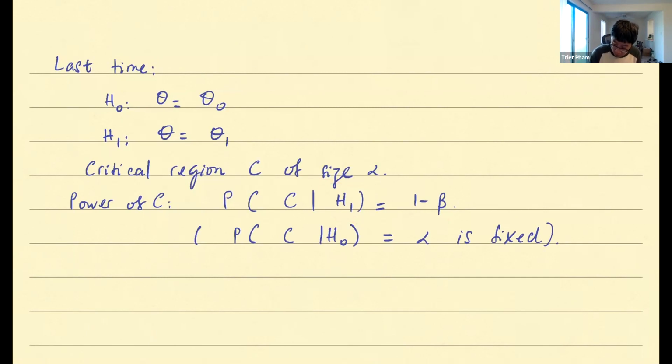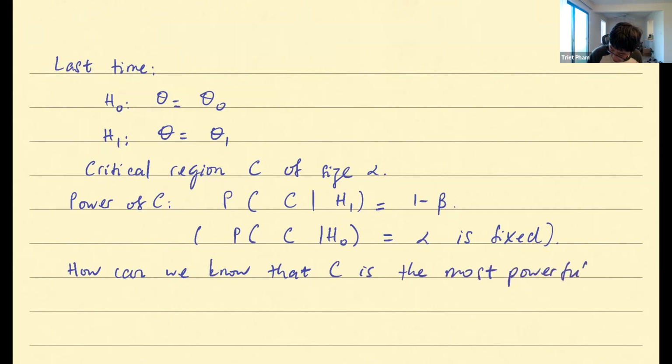So how do we know that C is the most powerful critical region? Of course, it's most powerful among its class.